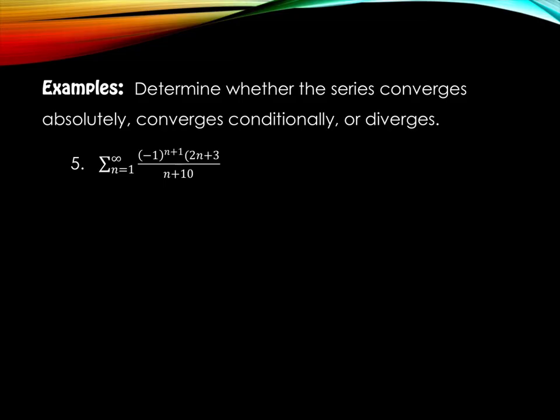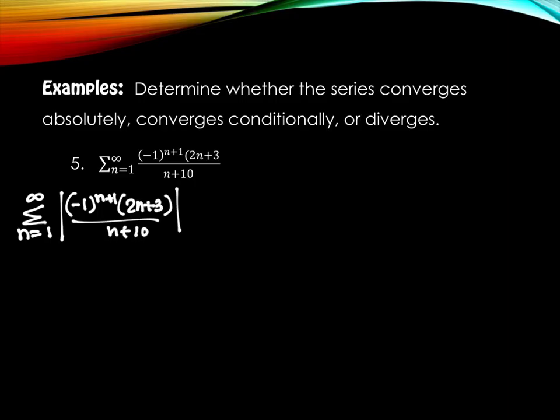Okay, y'all ready? Okay, so we start with absolutely convergent, and so we would take the summation from n equal 1 to infinity of the absolute value of (-1)^(n+1) times (2n+3) over (n+10). It is an alternating series, right? Yes, because we have that -1, in this case again to the n plus 1.